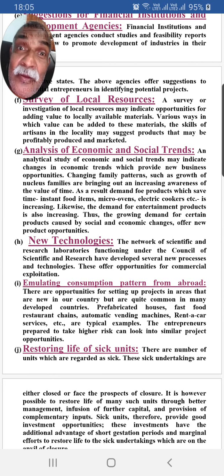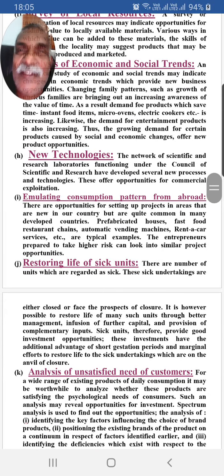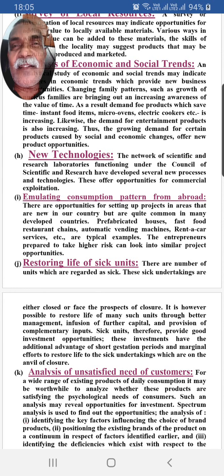So, the opportunities to invest money in these areas are very much likely. Likewise, the demand for entertainment products is also increasing. Thus, growing demand for certain products caused by social and economic changes offers new product opportunities.